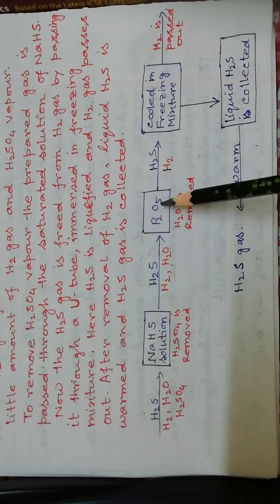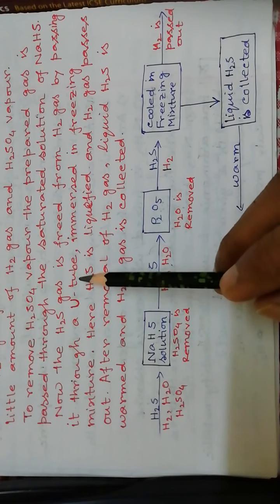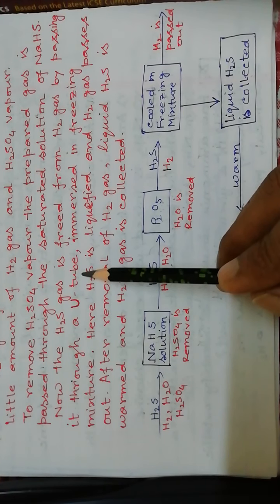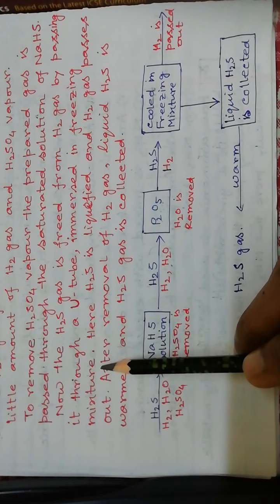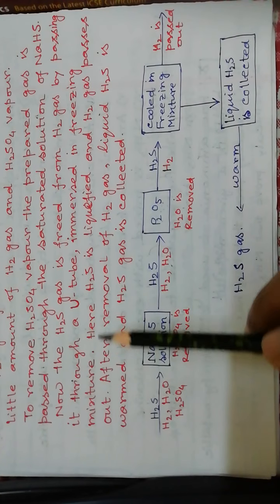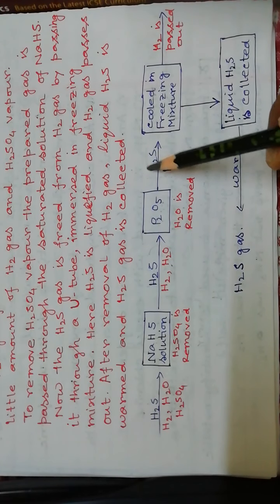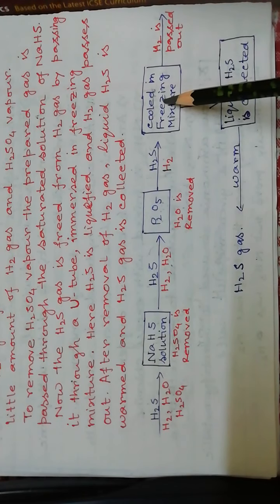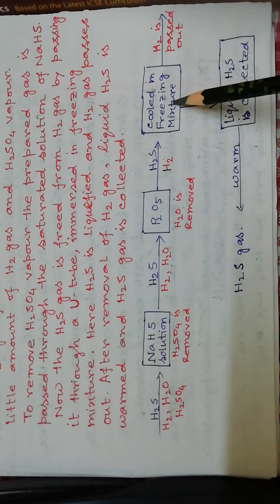Now this gas mixture is passed through a U-tube, which is immersed in a freezing mixture. Here H2S is liquefied and hydrogen gas passes out. That means this mixture is cooled in the freezing mixture chamber.